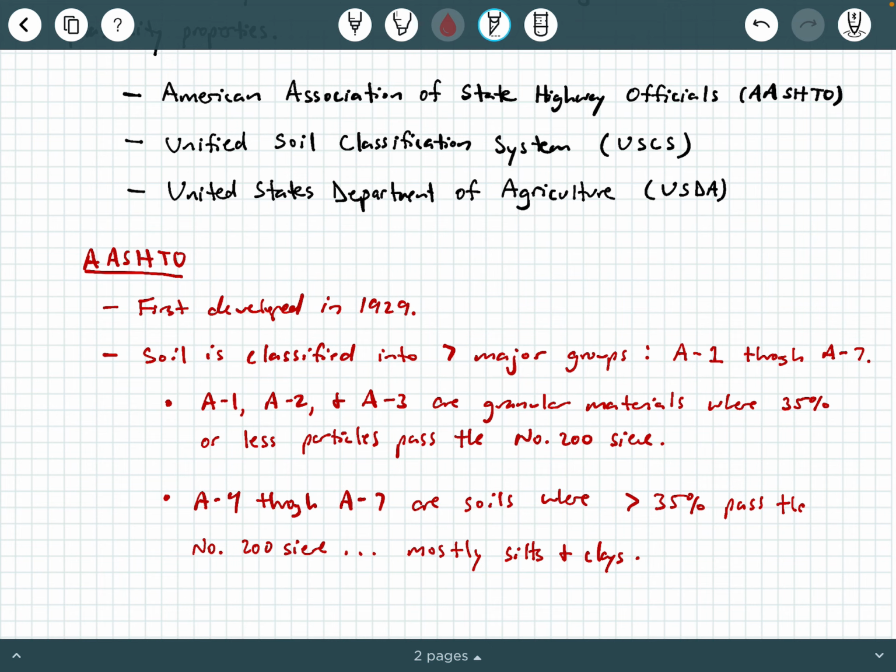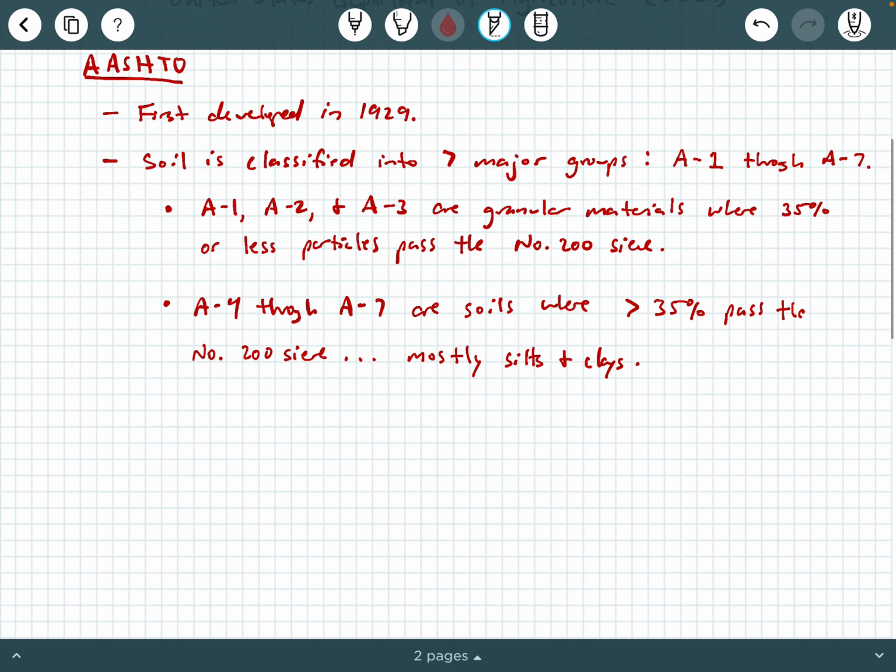All right. Now, how does this work? Well, it's based on the following. Okay, we're going to put another dash here. This is based on the following. So it's based on, as you can imagine, grain size.